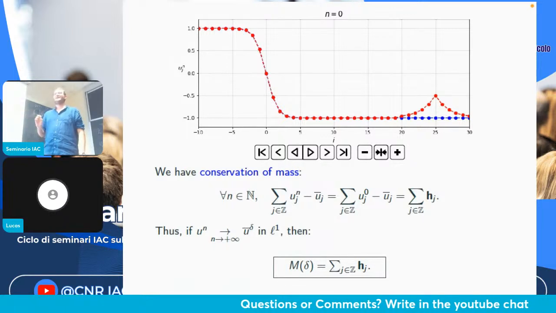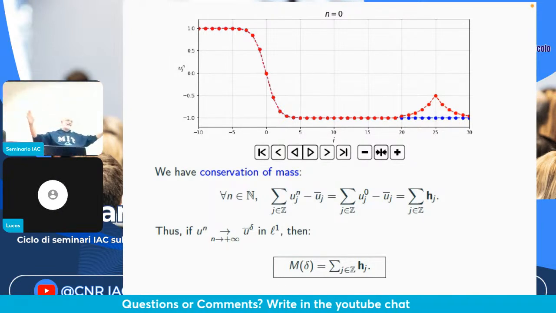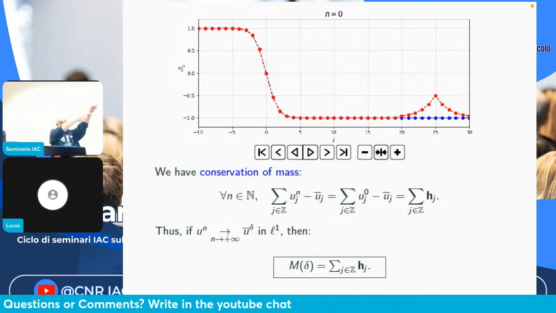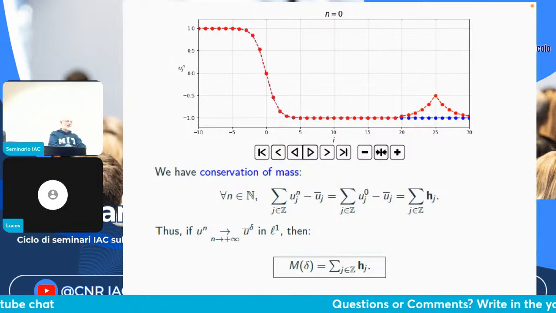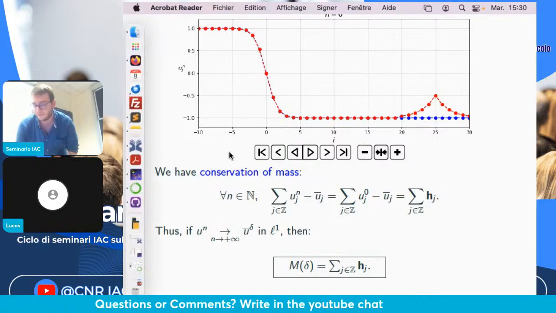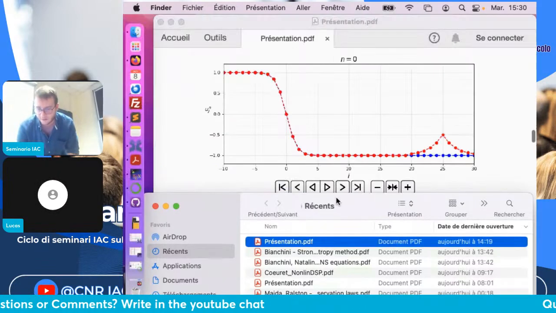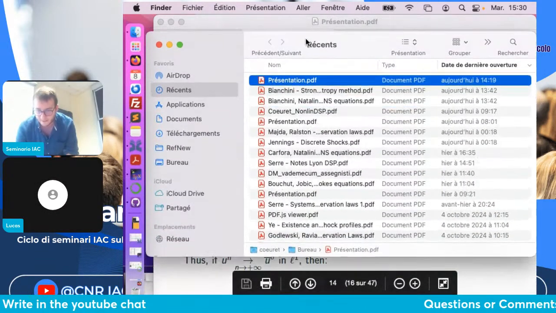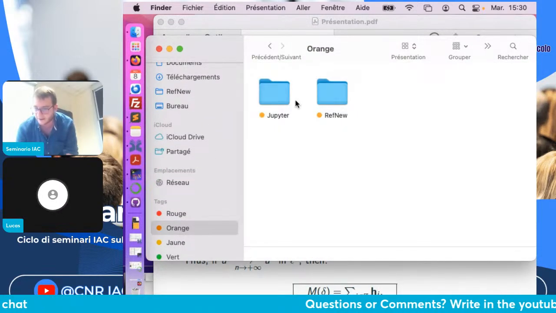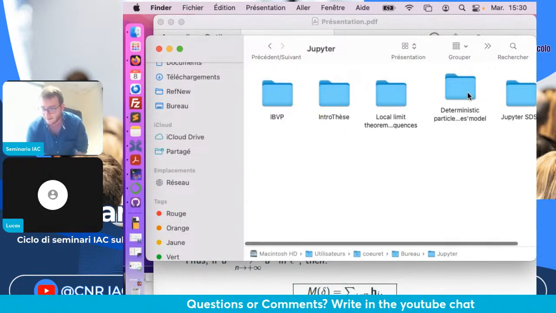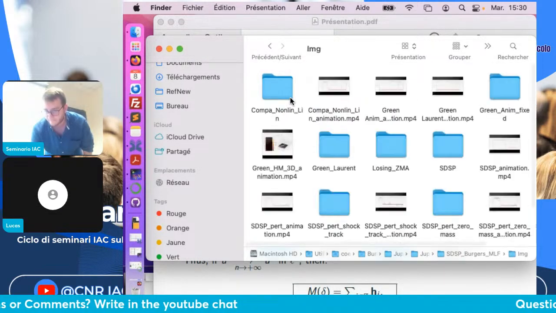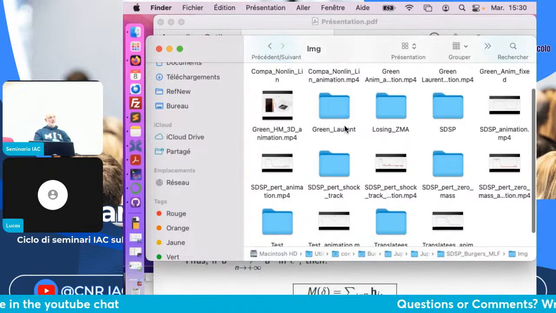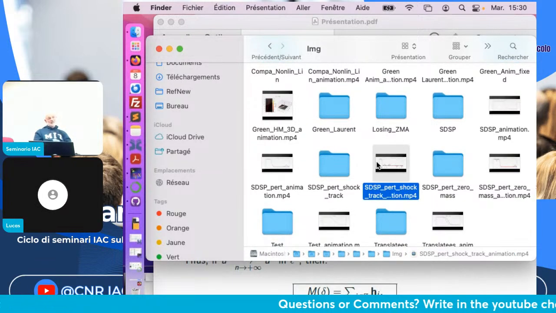Does that answer? Yeah, but if you have two bumps interacting before, far from the profile, maybe these bumps are generating new shocks and so on. So I don't know. Yeah, but they're traveling at the same speed. So, for instance, I have another representation. Maybe I can show this. In their case, they are no more traveling at the same speed.